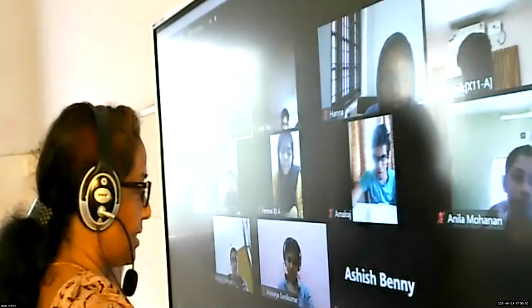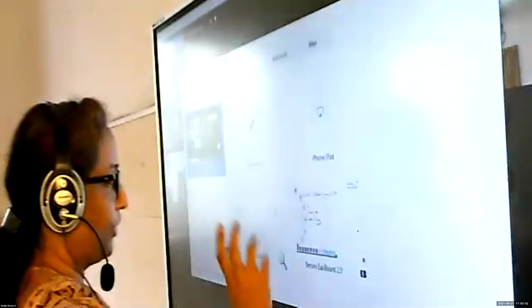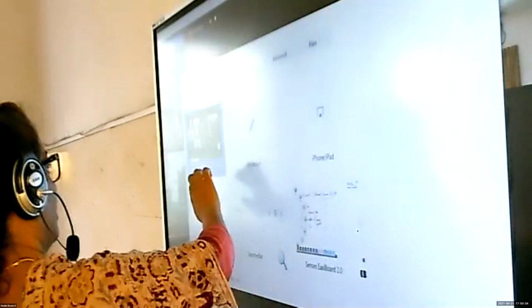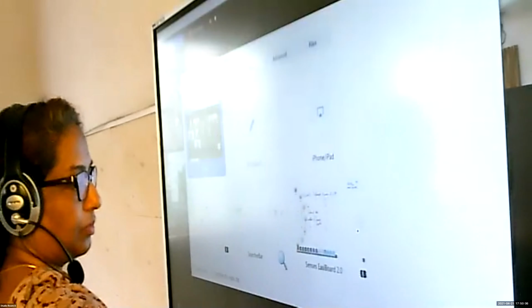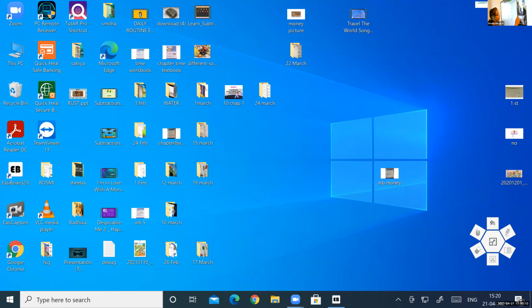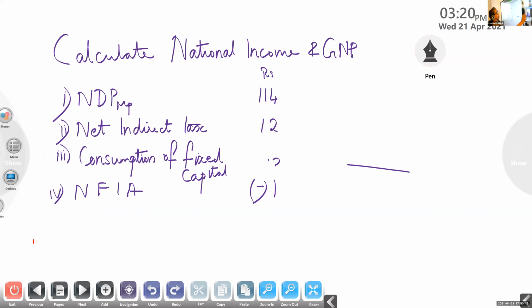I'll just share the screen. I have written down a few points related to those formulas. Okay, now in this I have written 2-3 more points.